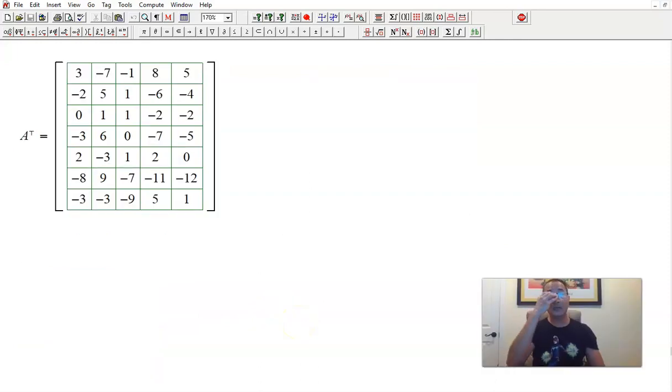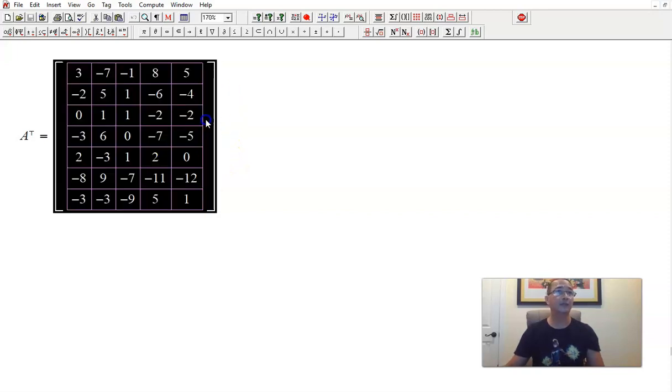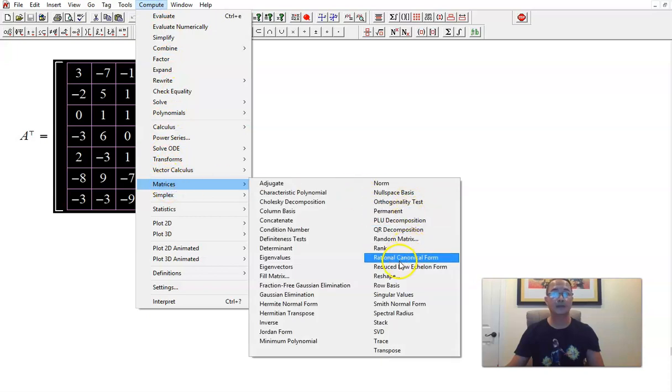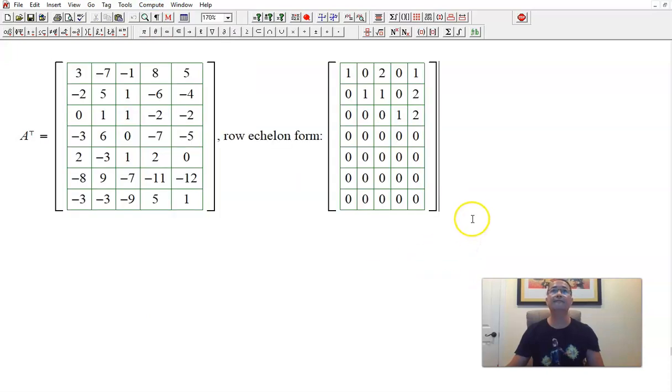All right, so now we hack our final fundamental matrix space, the null space for the transpose of A. So let's find the REF. Okay. So that is the REF of our transpose. Okay, let's practice sight reading.